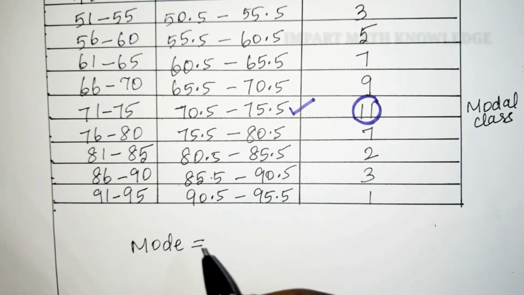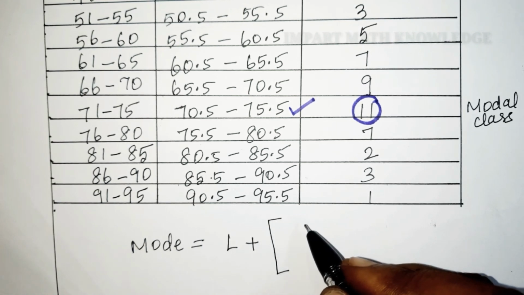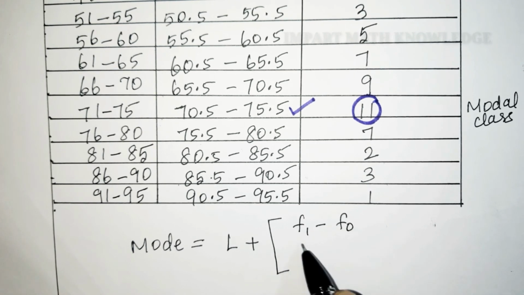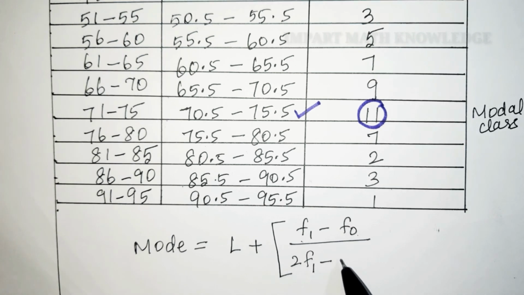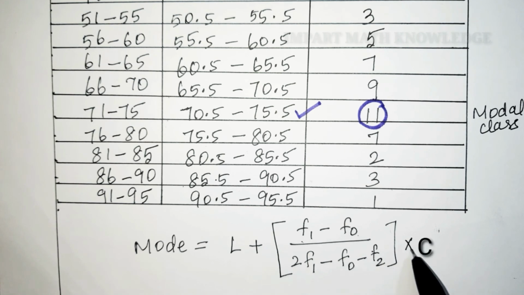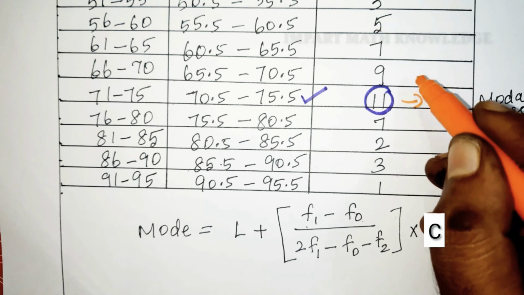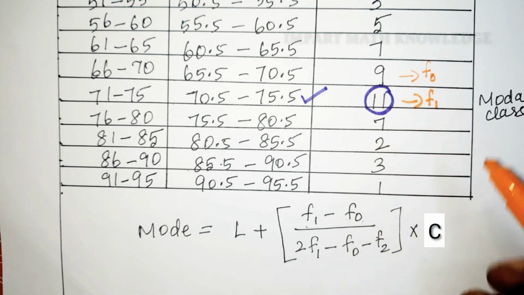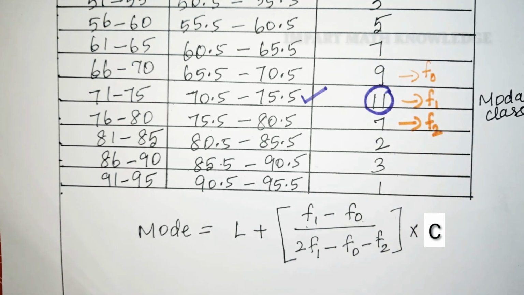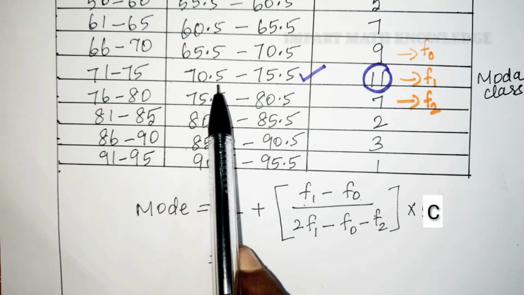Mode is equal to L plus (F1 minus F0) divided by (2F1 minus F0 minus F2) into 5. F1 is the frequency in the modal class, F0 is the frequency preceding the modal class, F2 is the frequency succeeding the modal class. L is the lower limit of the modal class, that is 70.5.